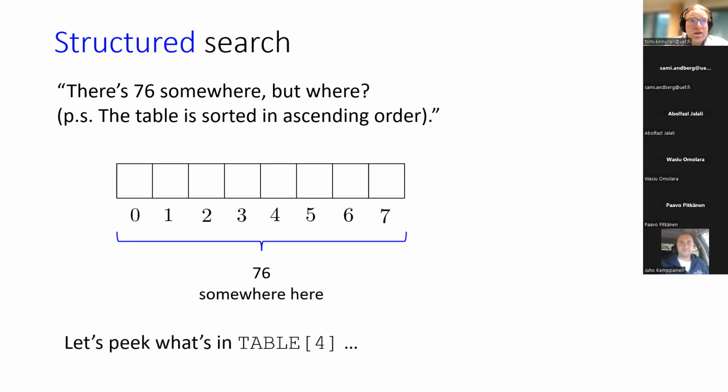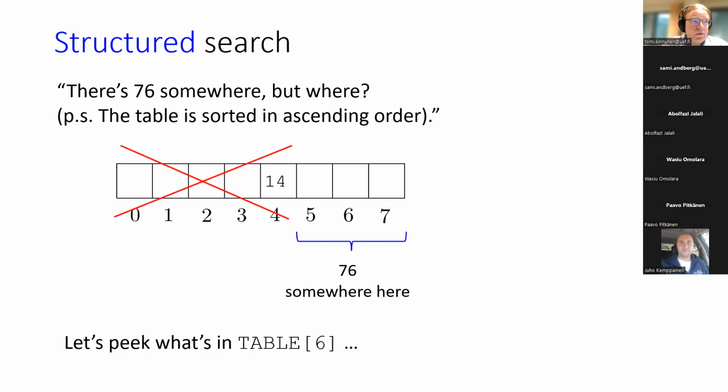When we do this so-called binary search, I hope everyone knows what it is, we look first at the middle of the table. So let's pick table entry number 4. It wasn't the one that we are looking for. Now we know that it cannot be on the left-hand side because the table is sorted.